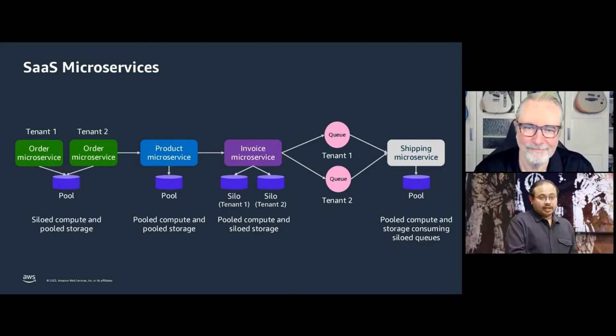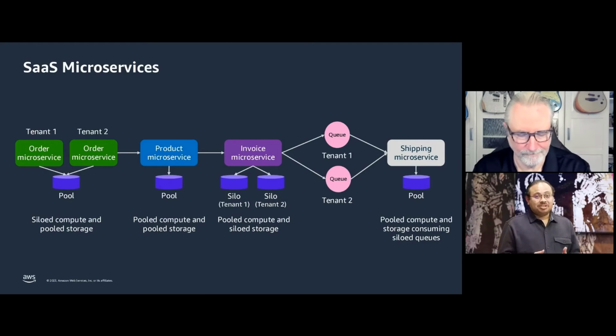If you're not able to do that, which means that you have to use this application, I mean the shipping microservice, as a shared service for all of your customers, you need to have good observability into that application to ensure that all customers are getting the best performance out of it.